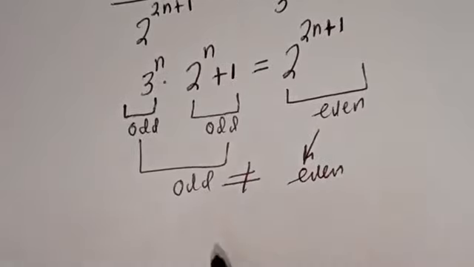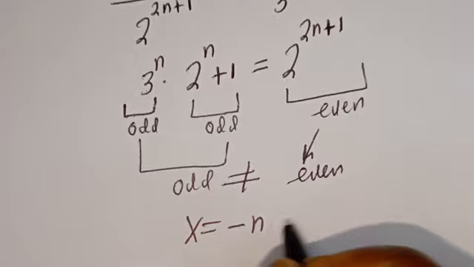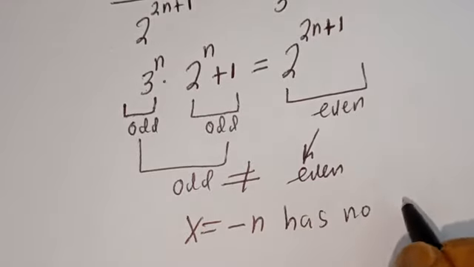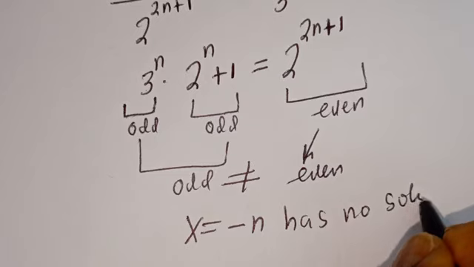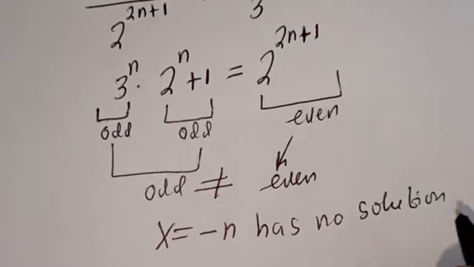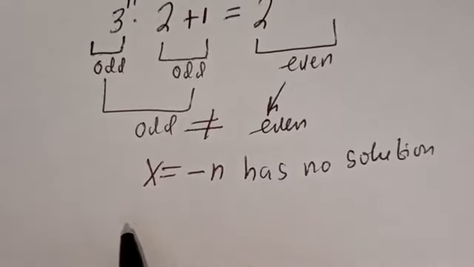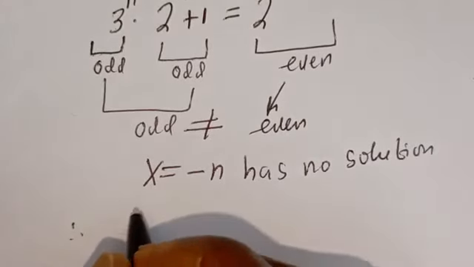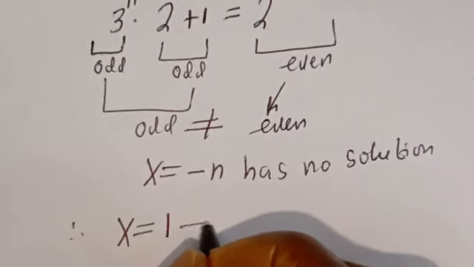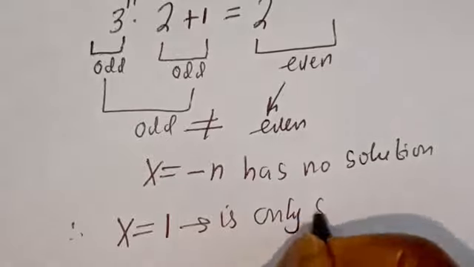Then we conclude that s equal to minus n has no solution. Therefore, the only solution we have is s equal to 1. This is the only solution.